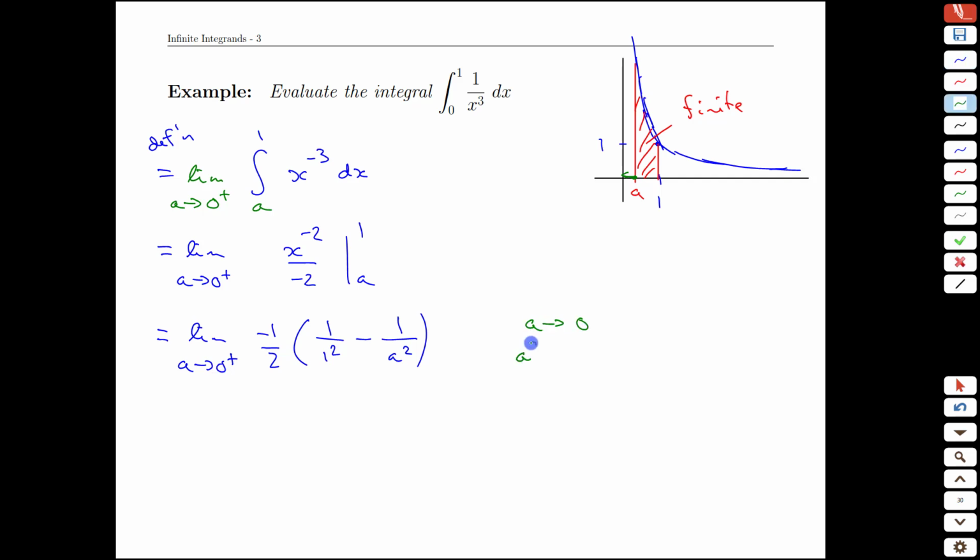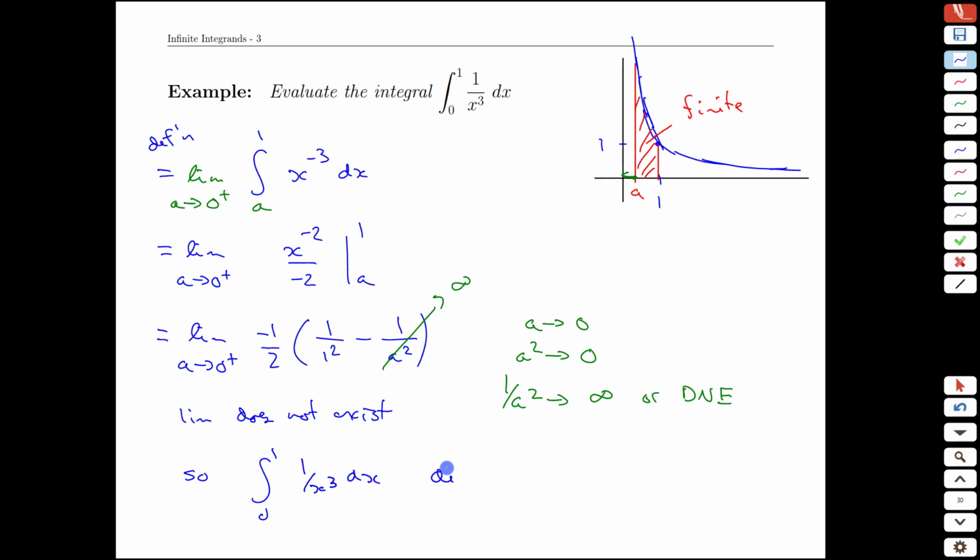Well, as a approaches 0, a squared also approaches 0, but 1 over a squared is going to approach infinity, or that limit does not exist. If that's the case, then everything else here is finite. There's no cancellation. This limit diverges, or this limit does not exist. And so we would say the area underneath the curve represented by the integral from 0 to 1 of 1 over x cubed dx diverges. It does not approach any finite quantity when we extend that boundary down towards 0.